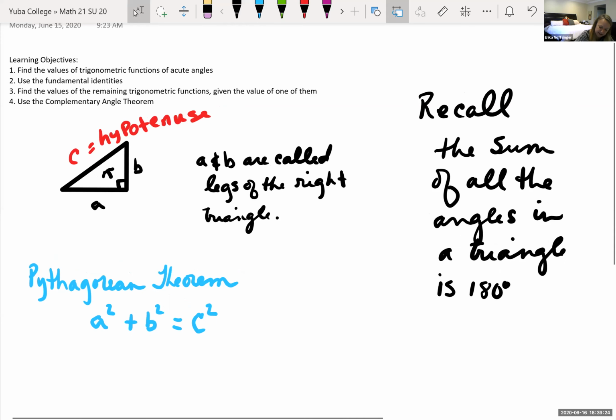For instance, this is length a, and the angle directly across from this would be denoted with a capital A. And this is side b, and across from this side is angle B.